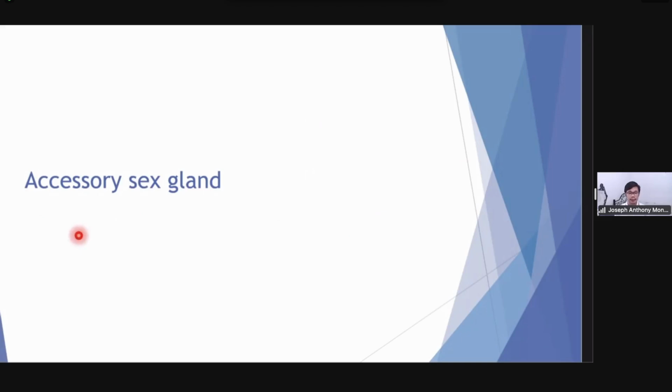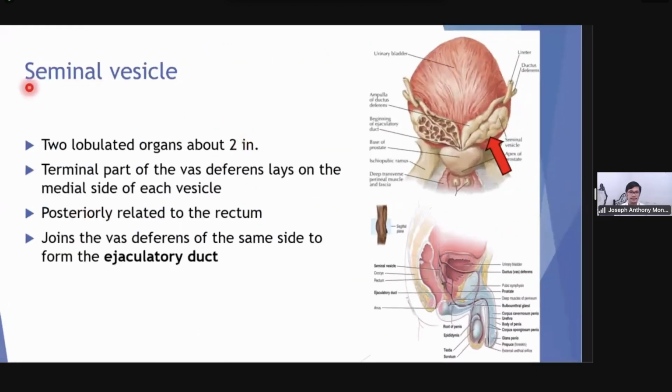So going on, as part of the accessory sex glands, there are many of them and we are going to discuss them individually. Just in continuation to your vas deferens, your seminal vesicle is two lobulated organs, about 2 inches long. As you can see here, it is lateral to the ampulla of the vas deferens.